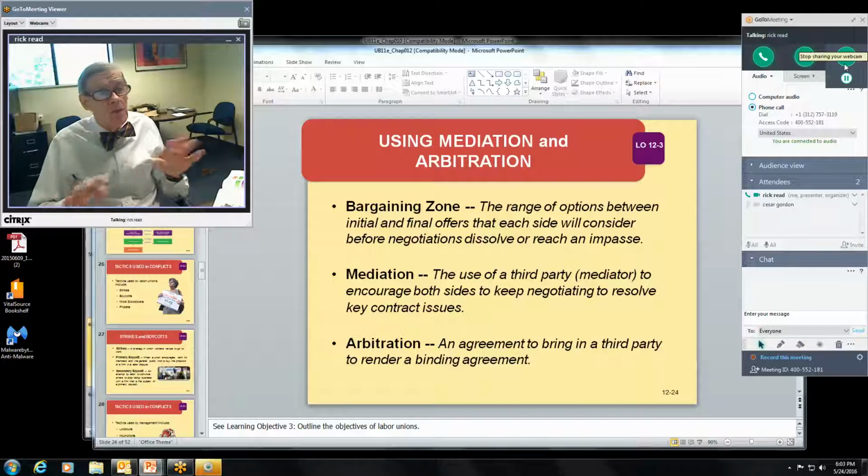And the problem with arbitration, for the most part, is that it causes winners and losers. And so you're going to have somebody who likes it and somebody who doesn't like it. And that can be something that causes bad morale for everyone. So I want to give you the difference between these two people. And by the way, you might notice that there are a lot of companies now that have disputes with their employees, have made them sign that they'll take the dispute to arbitration.